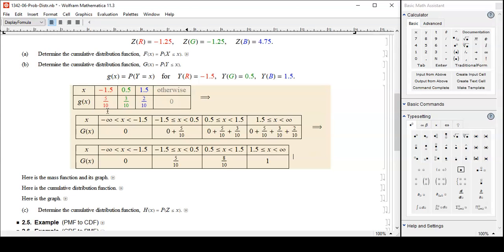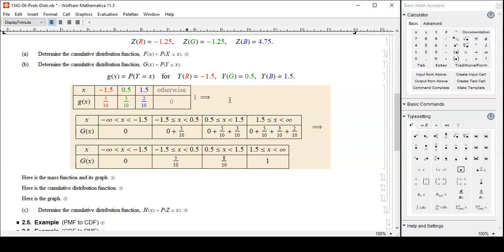What do you think? From the same table from the PMF, if we have these 3 numbers and 1 more column for otherwise, we have a precise match for the CDF. 3 plus 1, and the 3 numbers divide the number line into 4 pieces.